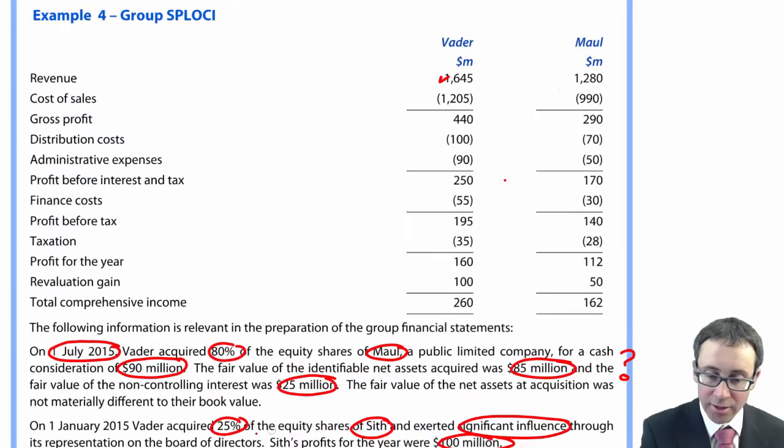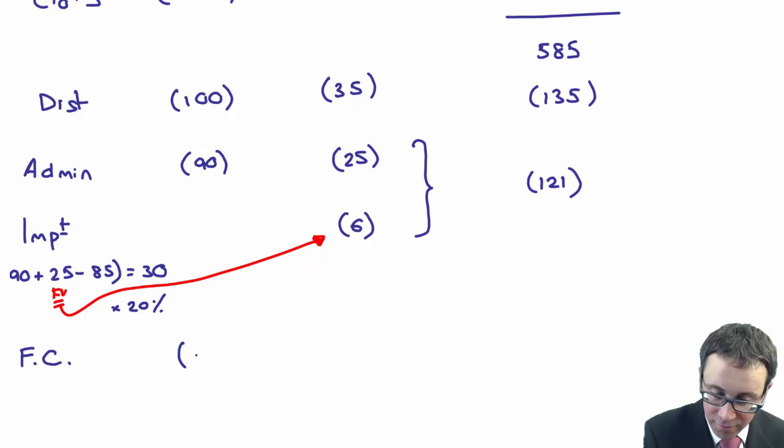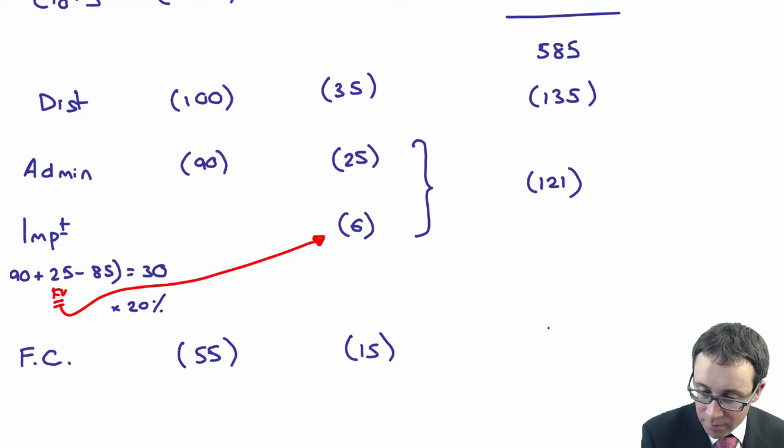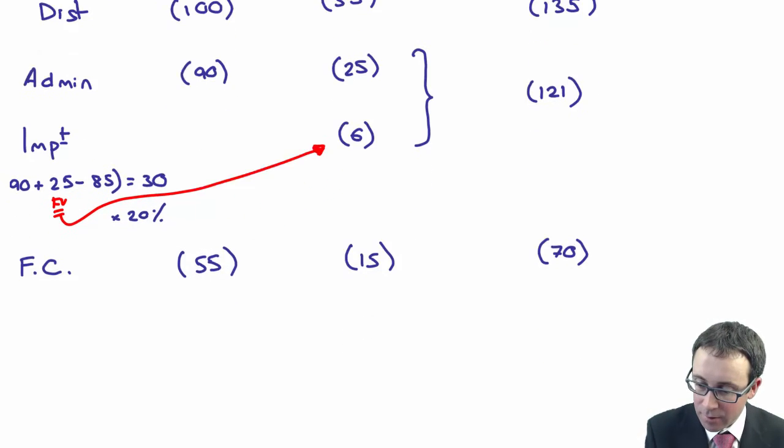So I'll go into my finance costs, 55, and then half of 30, isn't it? So 55, half of 30 is 15. Does that give me 70? Okay. There is no intracompany interest or anything of the likes there.